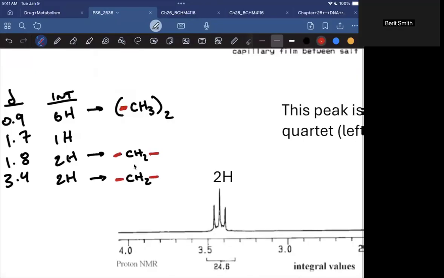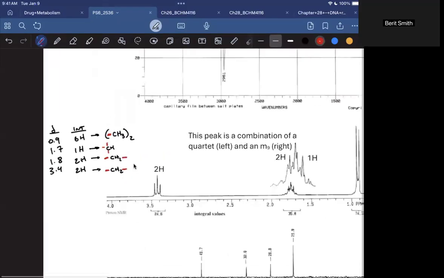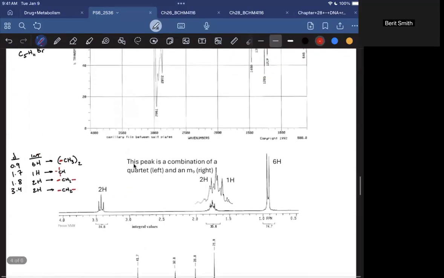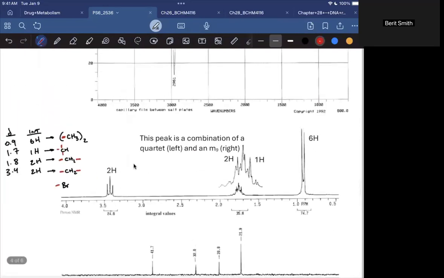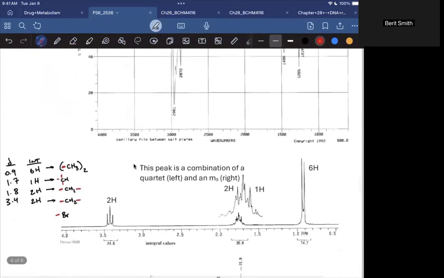That way it's easier to piece it together. I know that this CH2 is a middle piece, this methyl is an end piece, and stuff like that. So this is just going to be a CH, because we know there's no oxygen in the molecule. The only thing left is our bromine, which is this. And then our carbons, we have 2, 3, 4, 5 carbons.